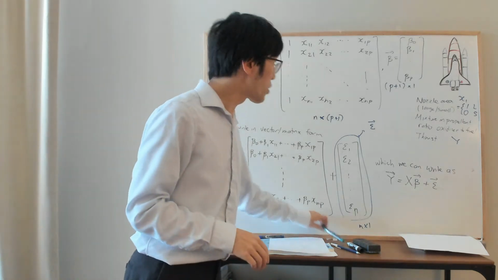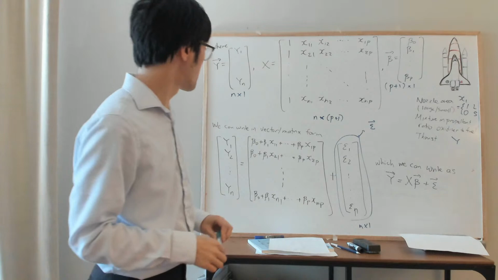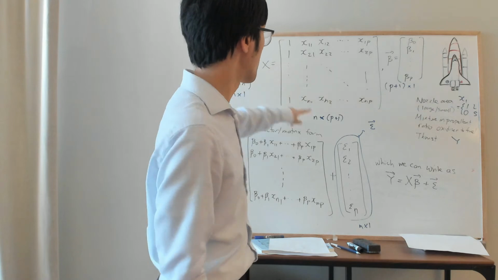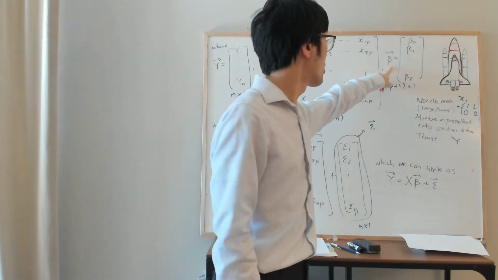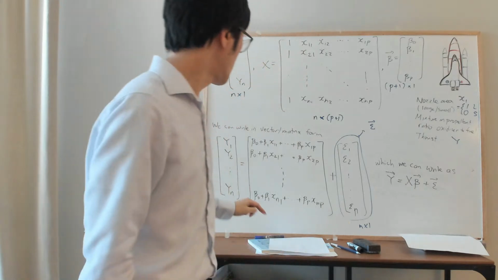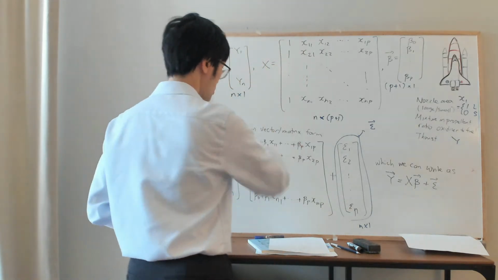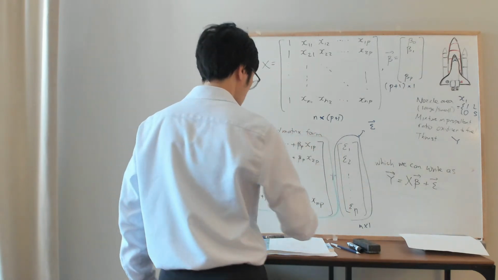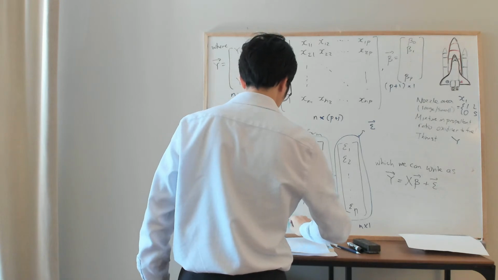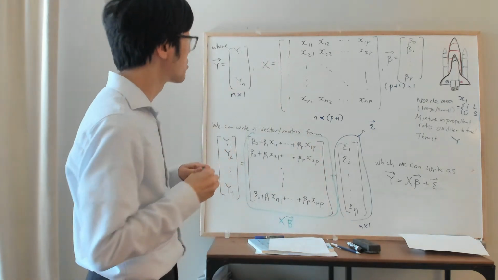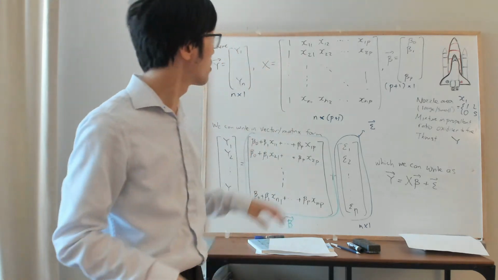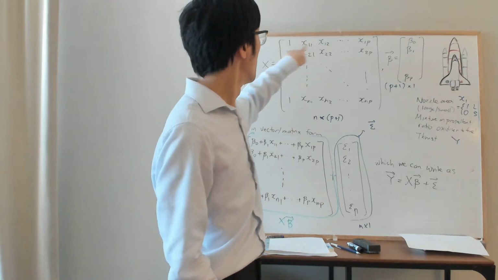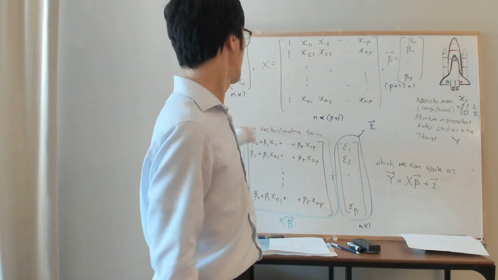Written in this form, what we're saying is that when we do the multiplication of the matrix X with the parameter vector beta, we indeed get this. This whole thing is simply X times beta, and we can verify that by the rules of matrix multiplication.